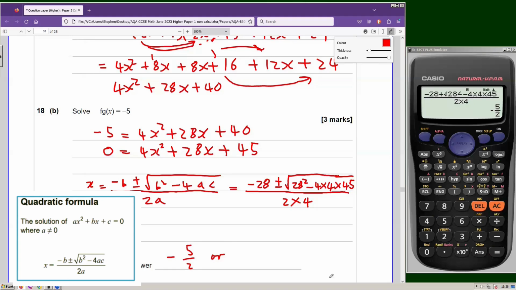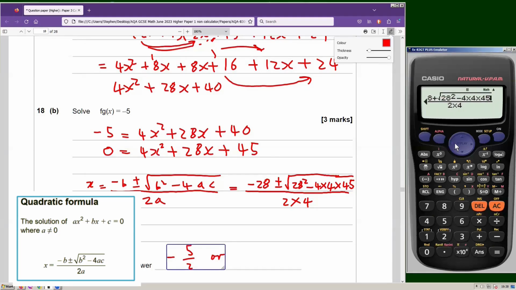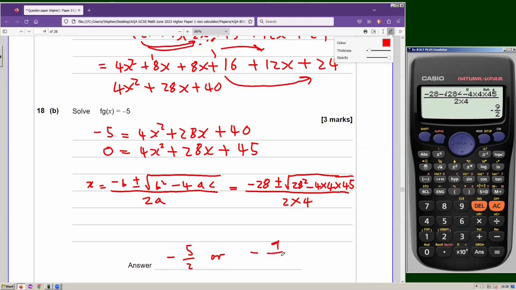And we have to find the negative root as well. Delete that and put minus in. Minus 9 over 2.